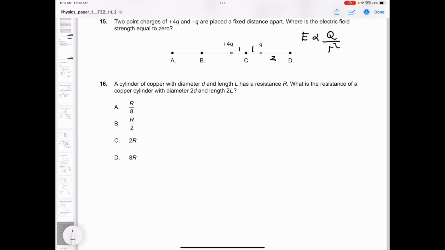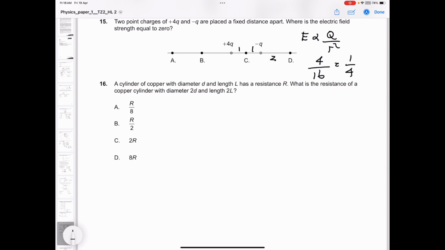So if we start at 4Q, the charge is 4, and if we go out to D, the distance is 1 plus 1 plus 2 is 4, so it's going to be 16. So according to this, the field strength is going to be a quarter.